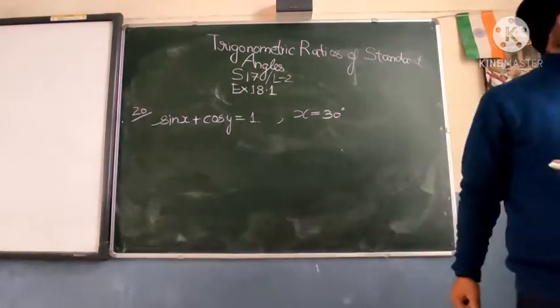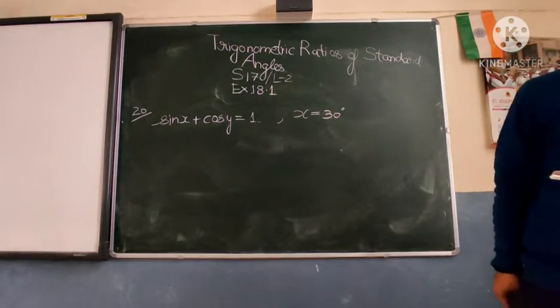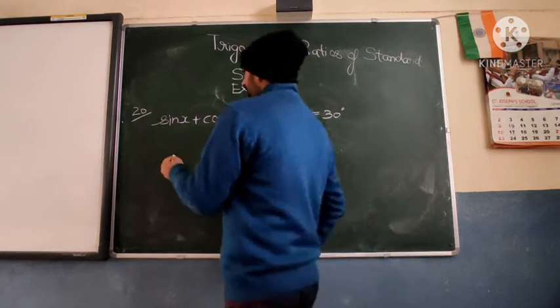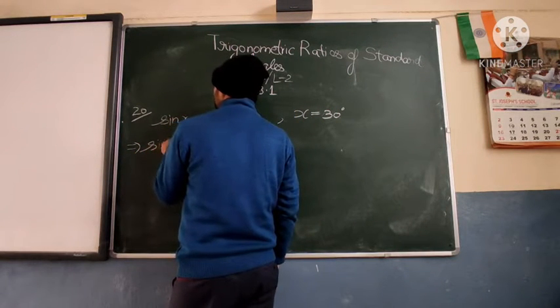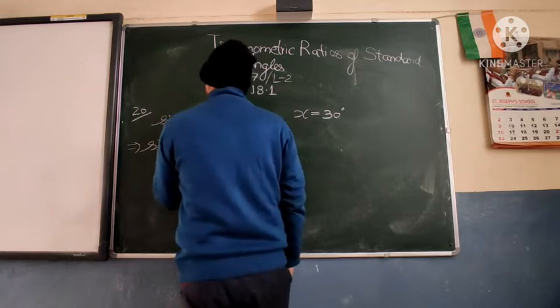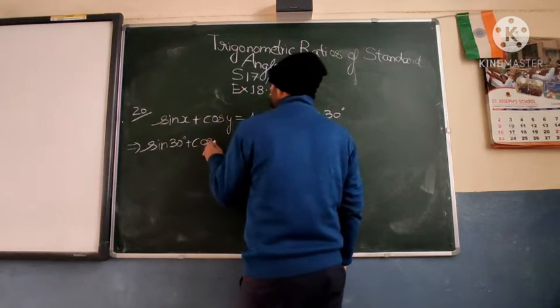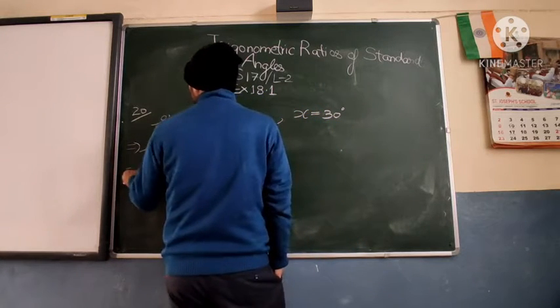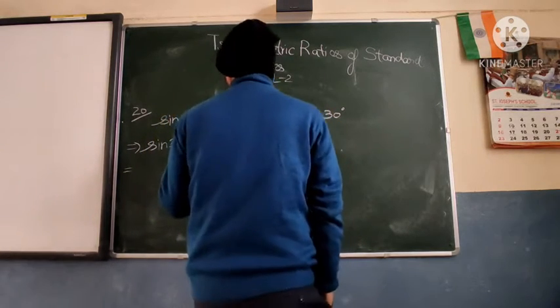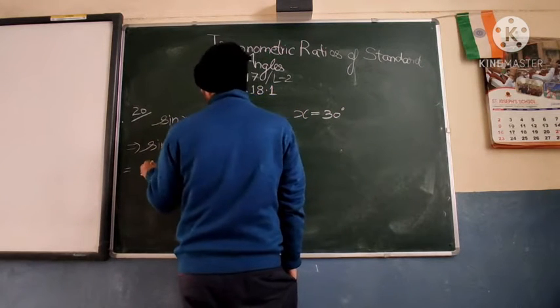Let's see what the question is saying. Yes, and y is an acute angle. So right here, this implies that sin 30 degree plus cos y is equal to 1. What is sin 30? Sin 30 is 1 by 2.